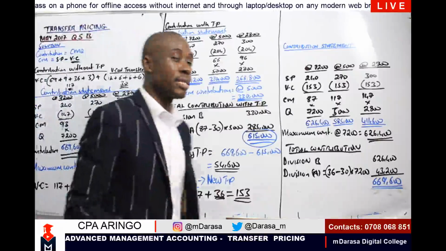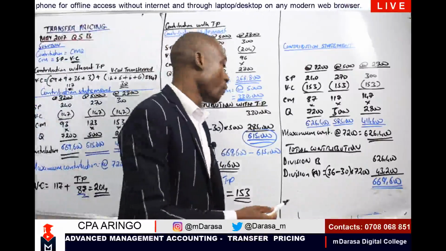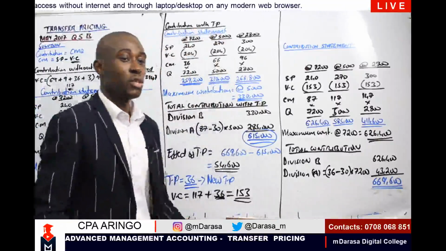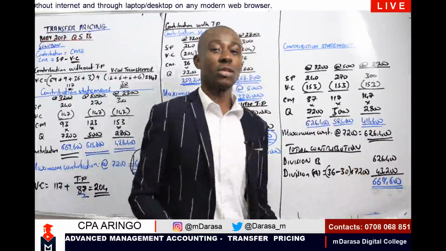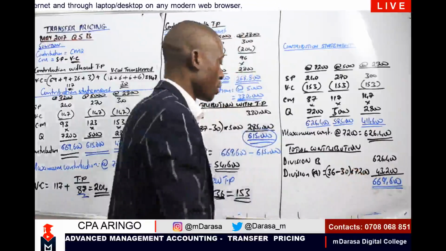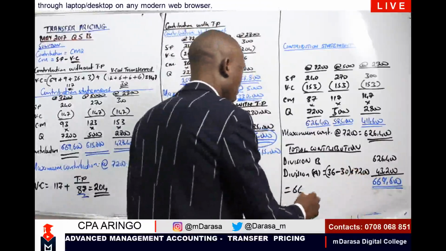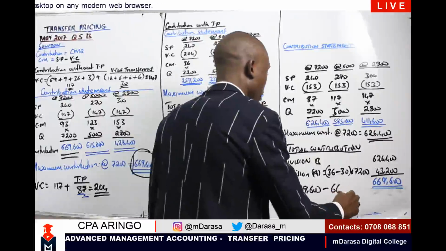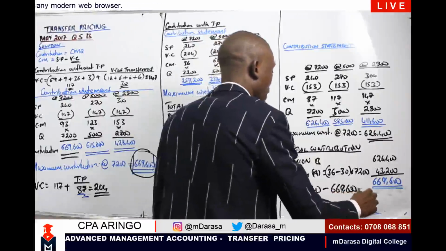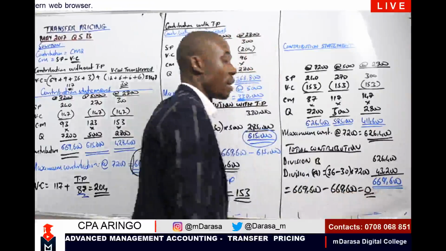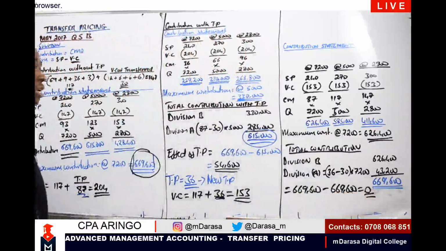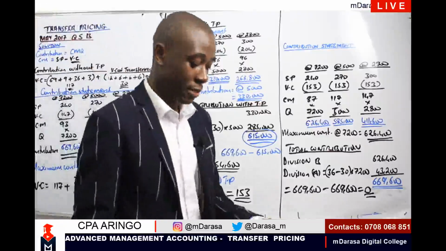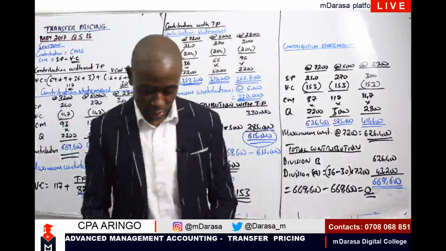So you can clearly see that if we adopt 36 as our transfer price, my profit will not be affected. With transfer pricing it is 669,600. So there won't be any impact if we adopt a transfer price of 36.